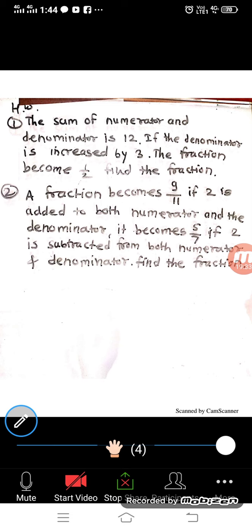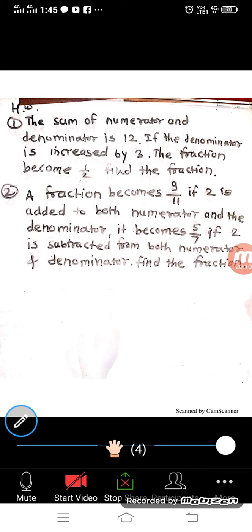If denominator is increased by 3, the fraction becomes 1 by 2. Find the fraction.